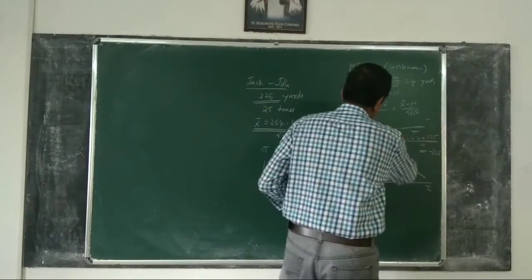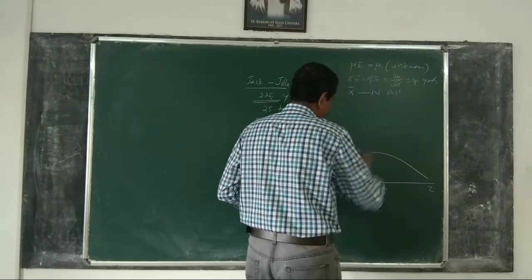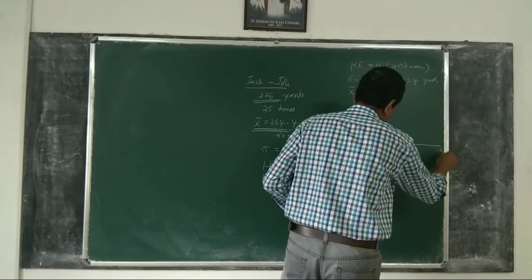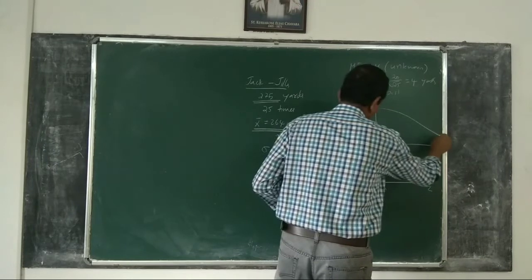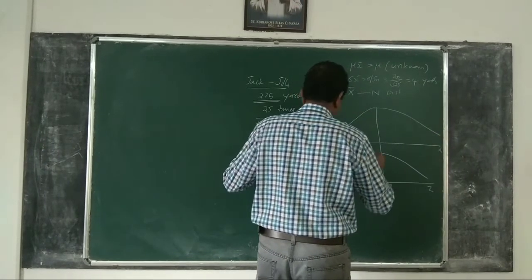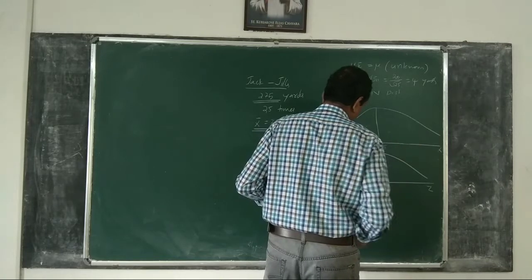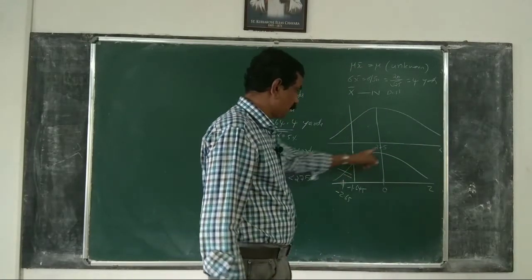And as I told you earlier, if you want to conduct this test in terms of x bar, the distribution of x bar is like this. This is 260, 275, this value, and 275 here.